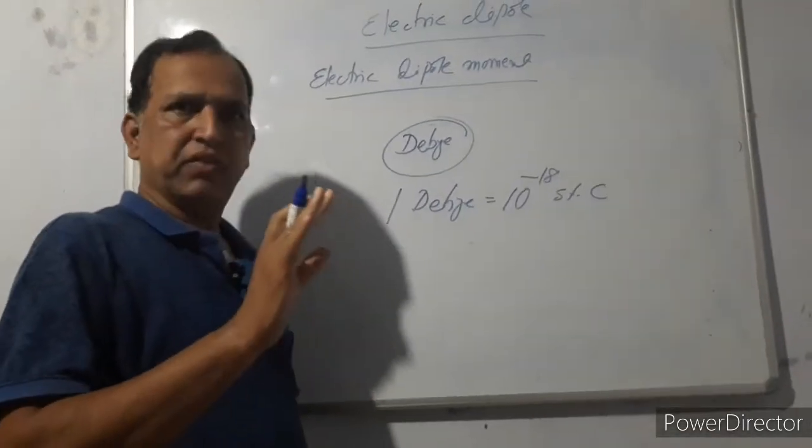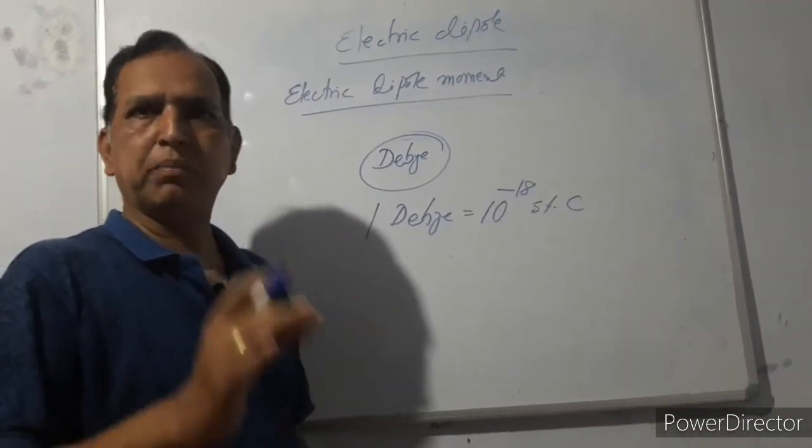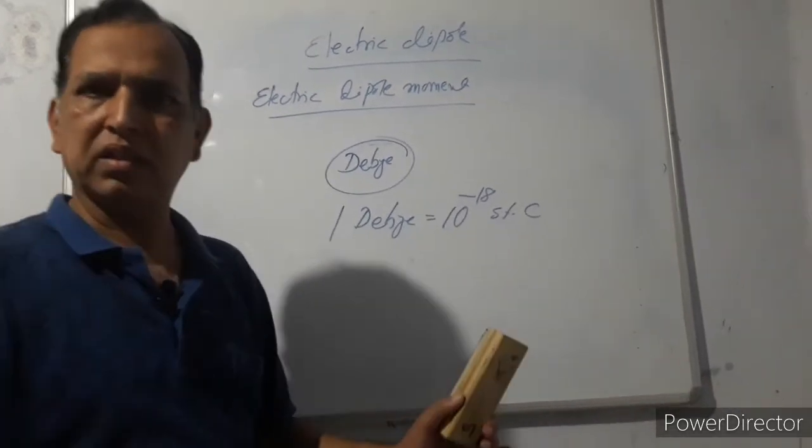That means it is a vector directed from negative to positive by convention. Okay?